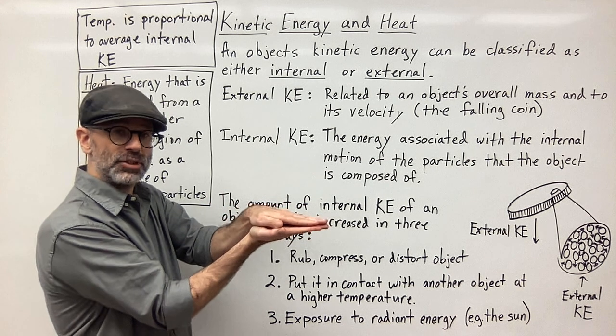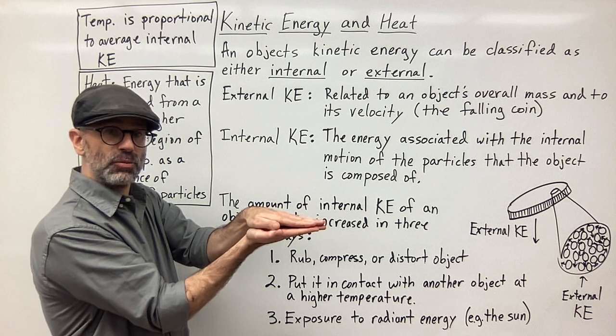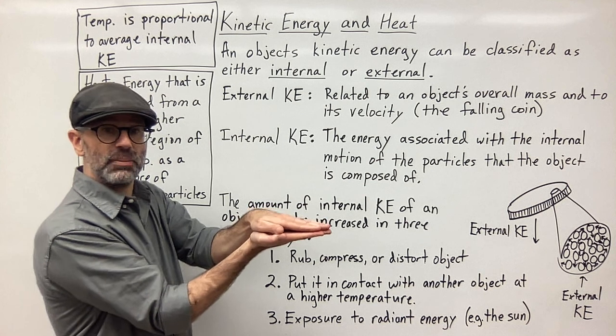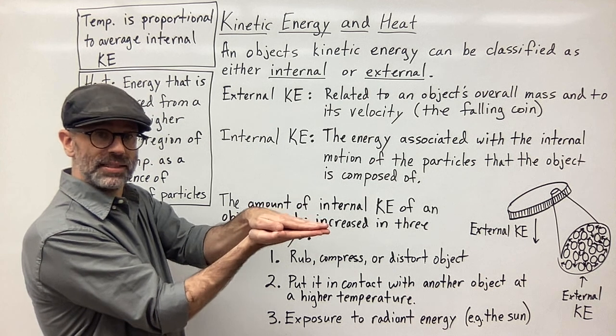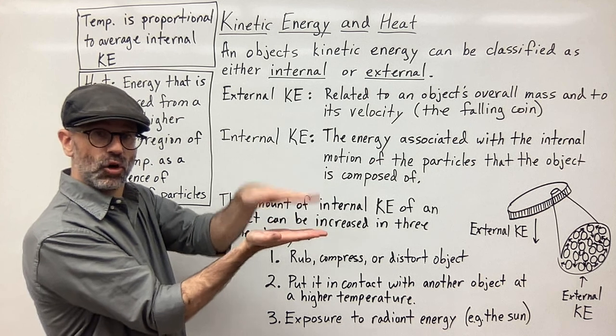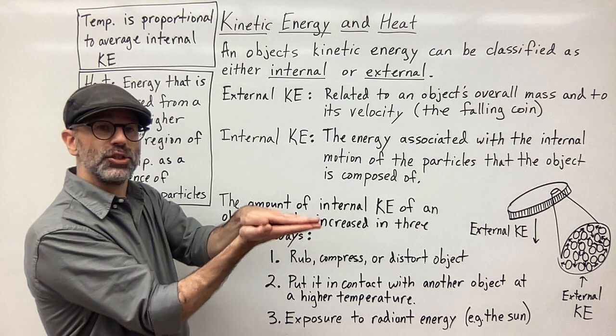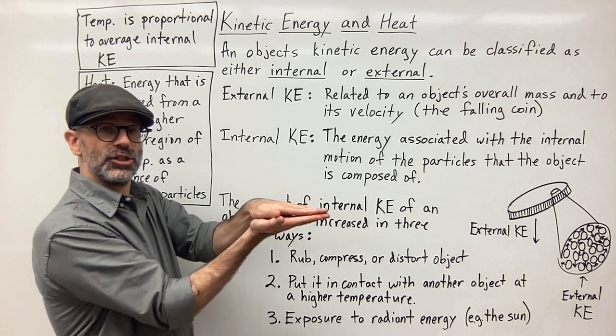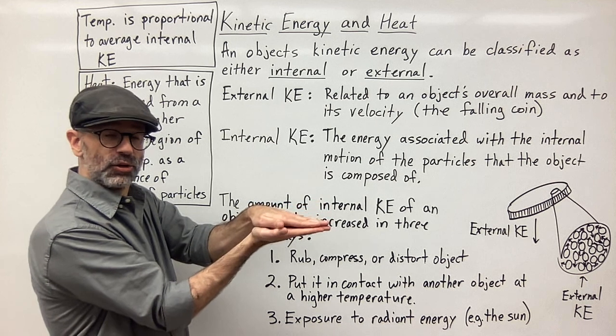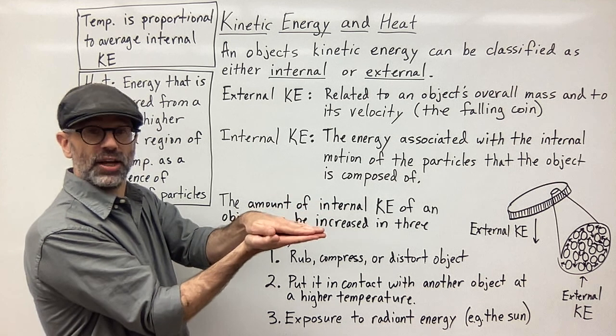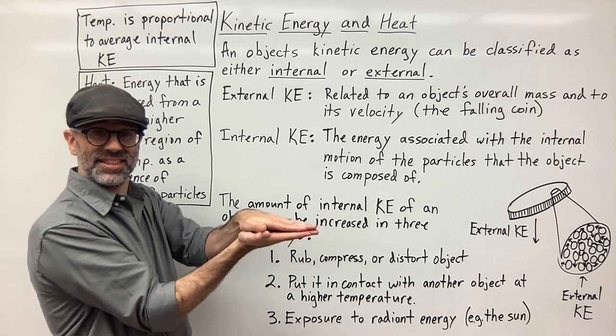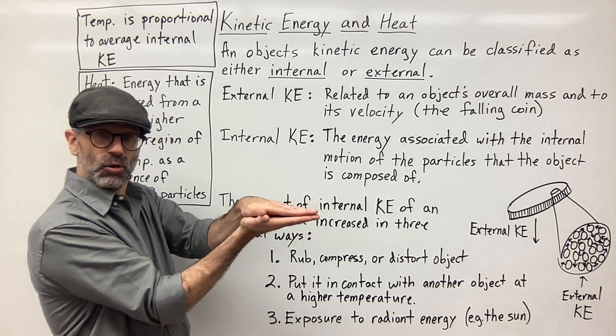The particles in this object are then going to be in contact with the particles of the colder object. So the hotter object, those particles are going to be moving faster. So they're going to be colliding and bumping up against the particles on the surface of the colder object. So they're going to be transferring their energy to the slower moving particles. The slower moving particles are then going to move faster, thus raising the temperature of the colder object.